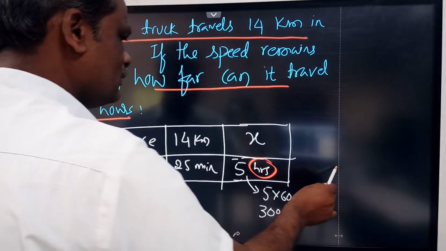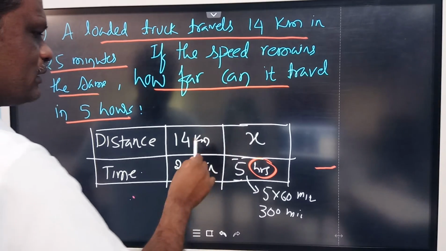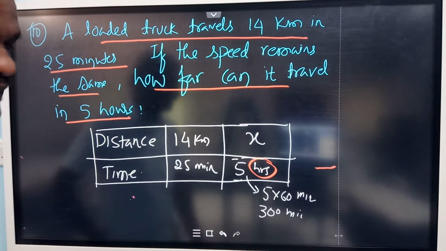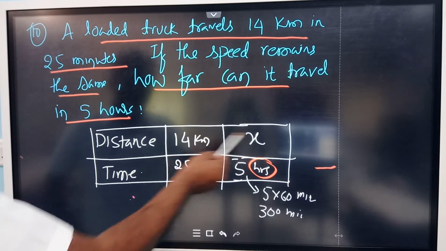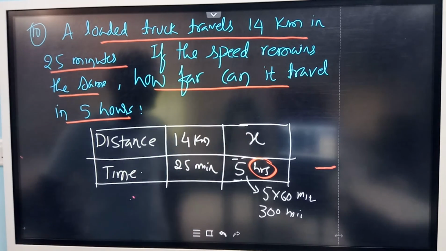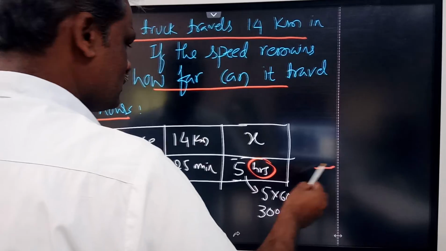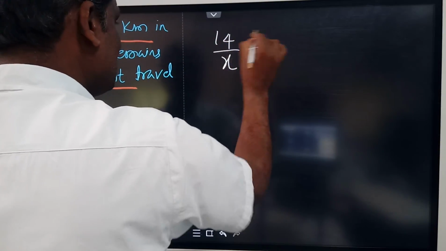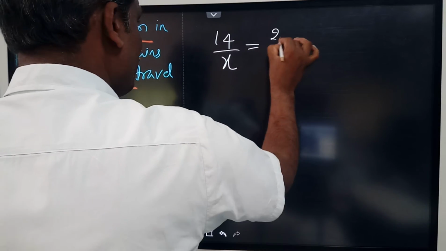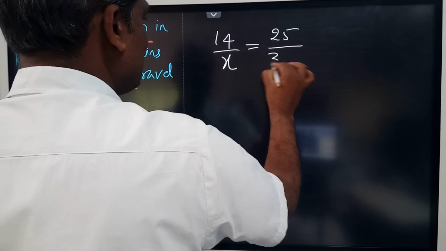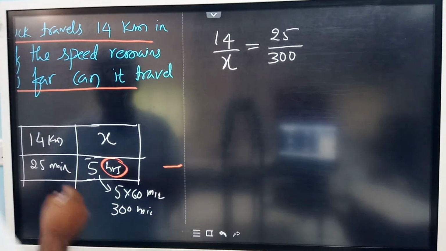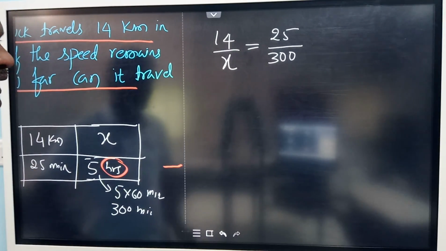Now you can write the ratio like this: 14 by x is the same as 25 by 300. The distance ratio and the time ratio will be the same.